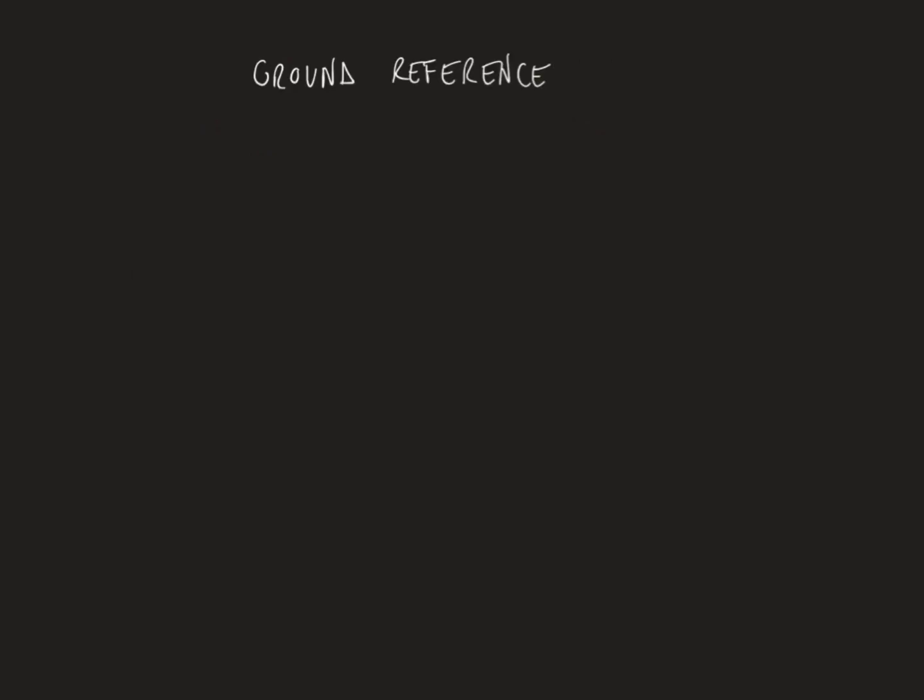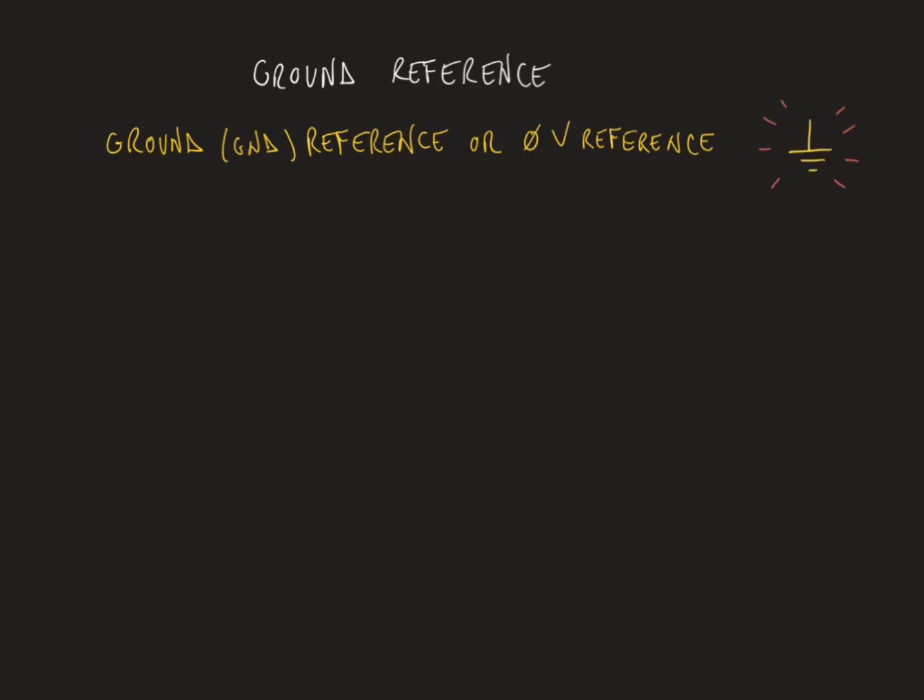In the circuits we will be discussing in the next video lectures, we will use the notion of a ground reference or 0-volt reference, symbolized by this symbol. In an electronic circuit, this symbol represents the node of the circuit conventionally set at 0 volt.